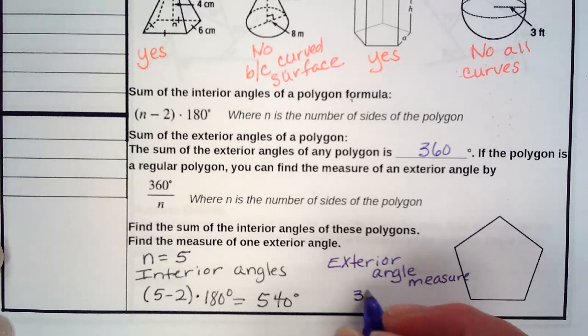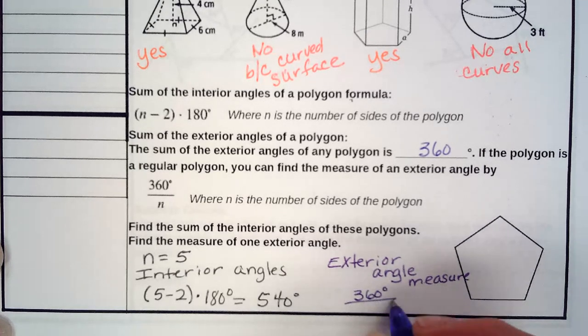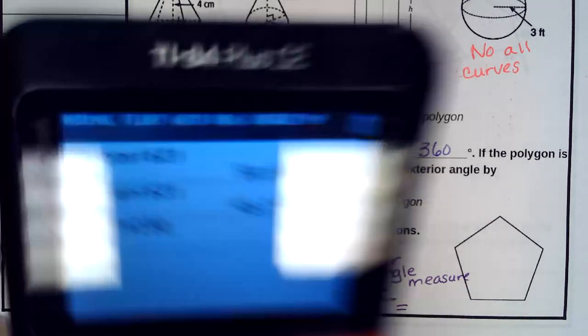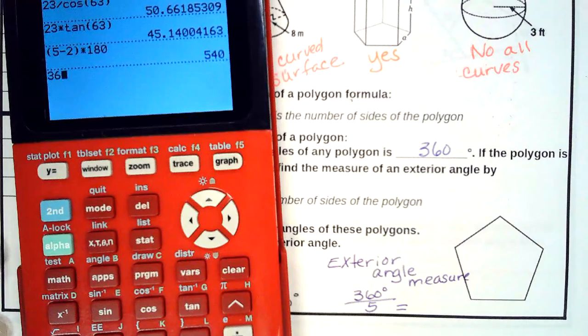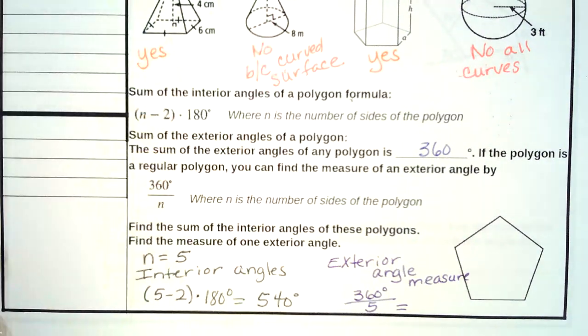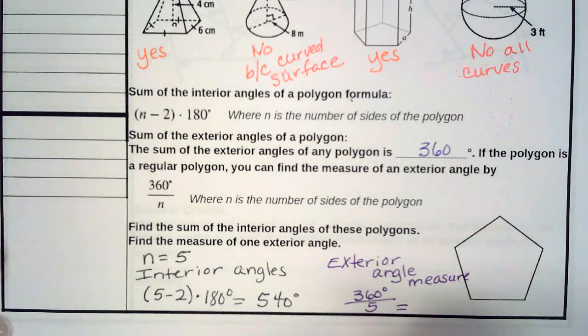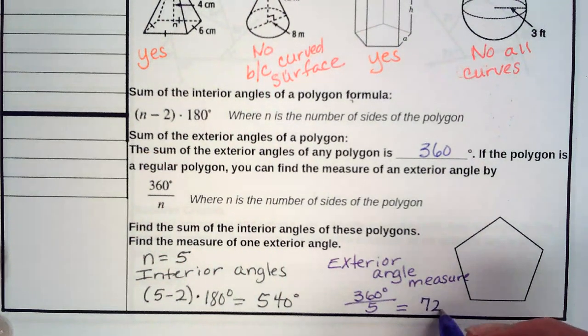So it'll be 360 degrees divided by 5. And you get 72. So each of these exterior angles will be 72 degrees.